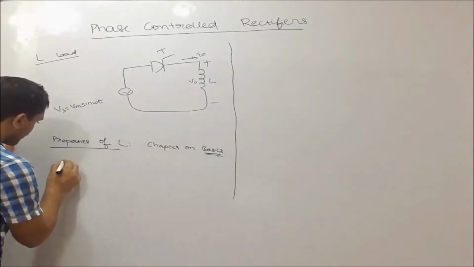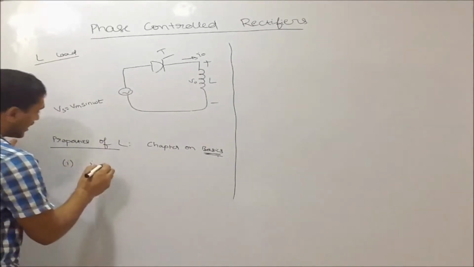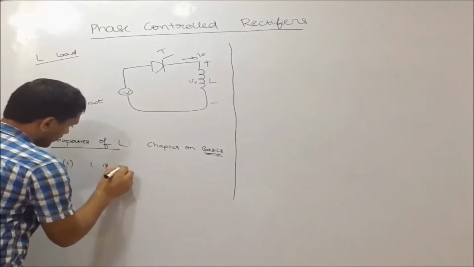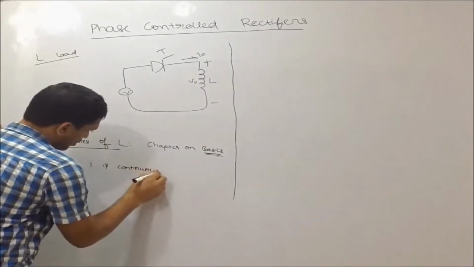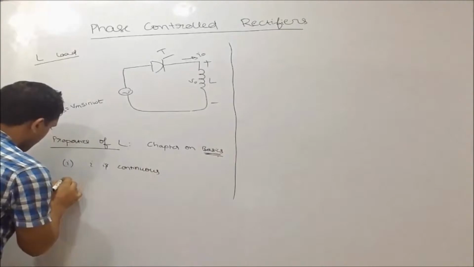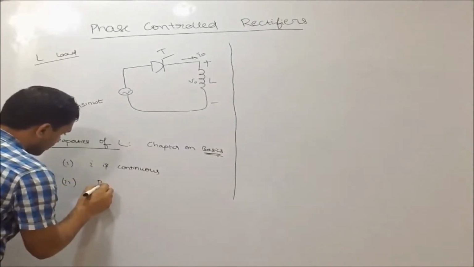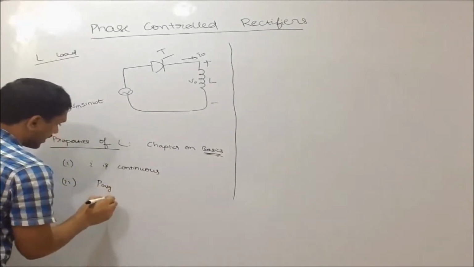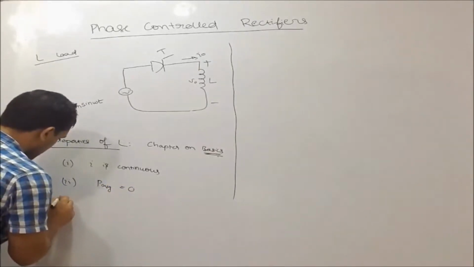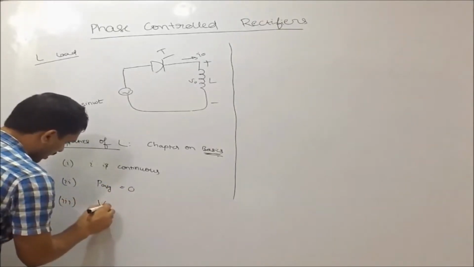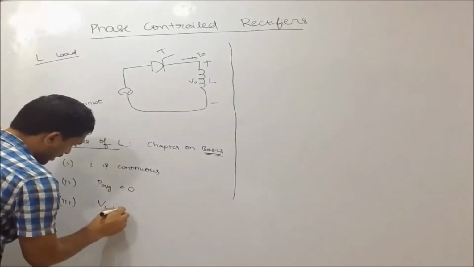First one is the current through the inductor is continuous. Second property is the average power absorbed by the inductor is 0. The third property is the average voltage appearing across the inductor is 0.